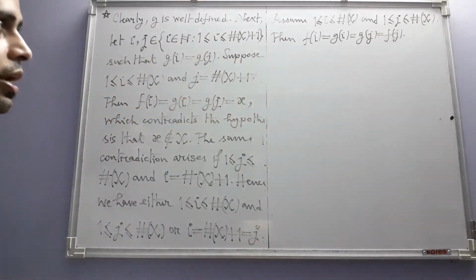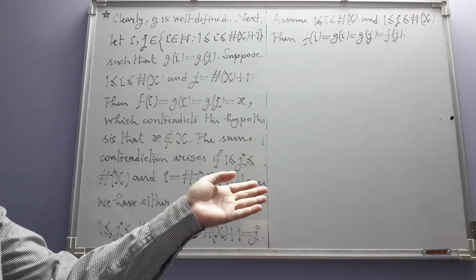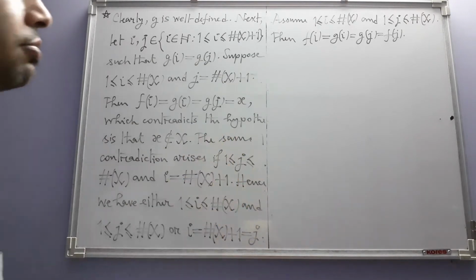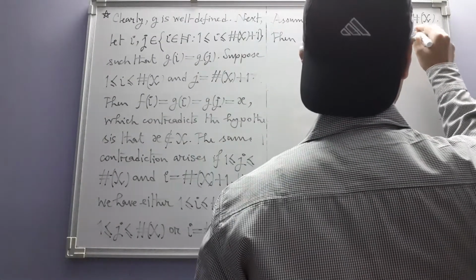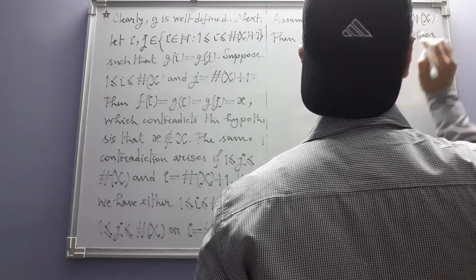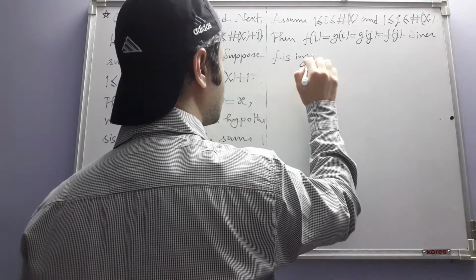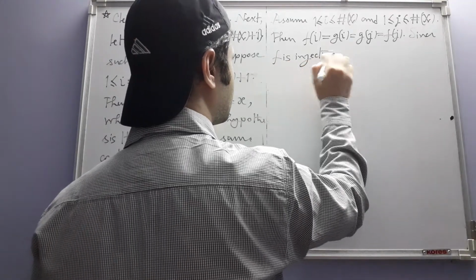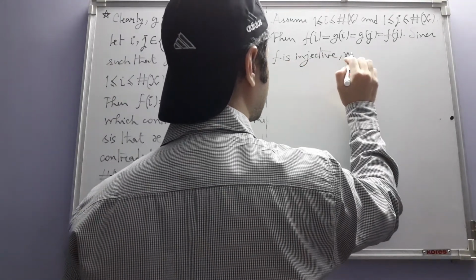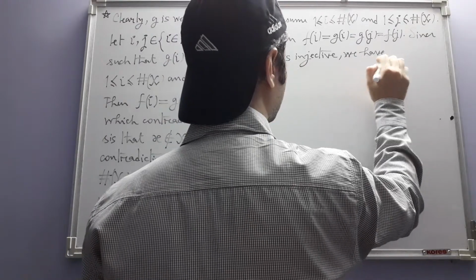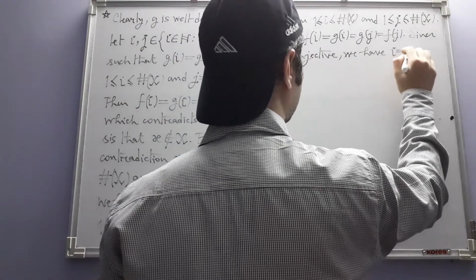Now our original function f was a bijection, so it is a one-to-one function. Since f is injective, we have I equal to j.